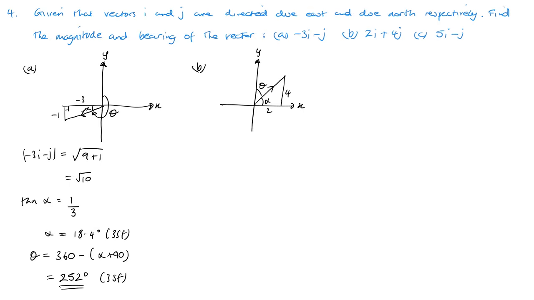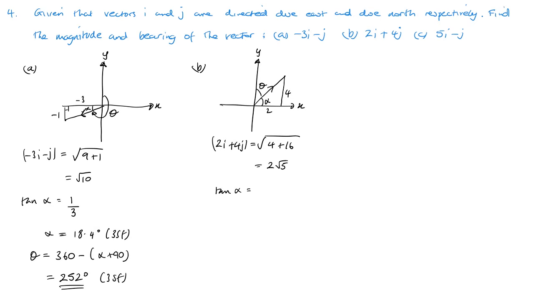The magnitude of 2i plus 4j is the square root of 2 squared plus 4 squared. So that's the square root of 20, which is 2√5.